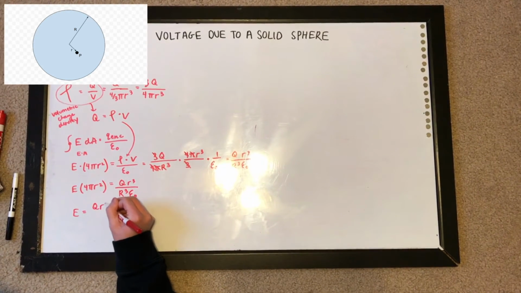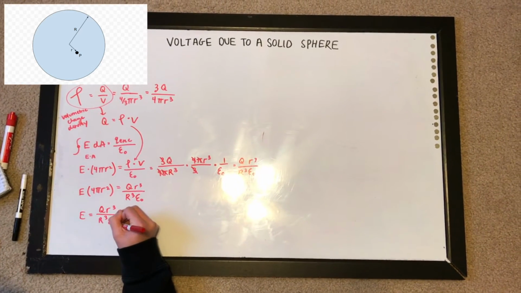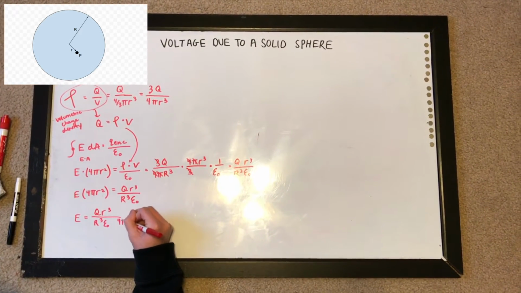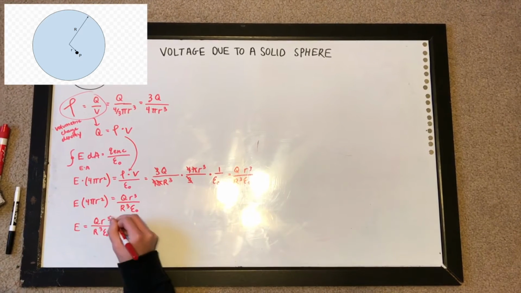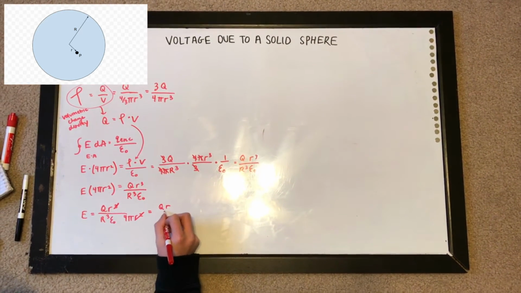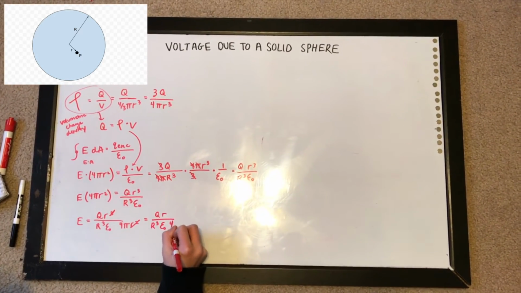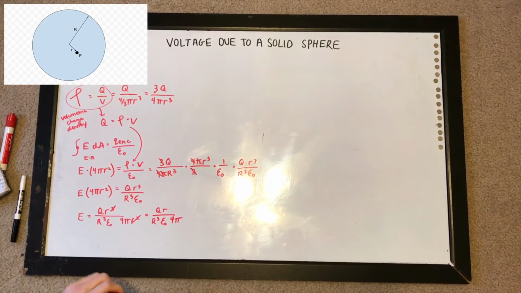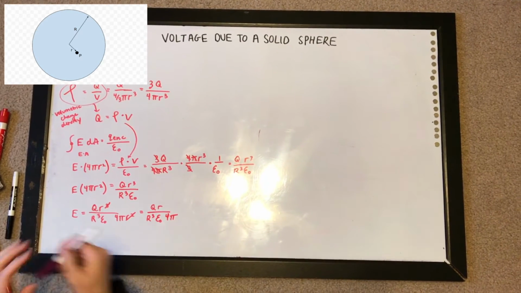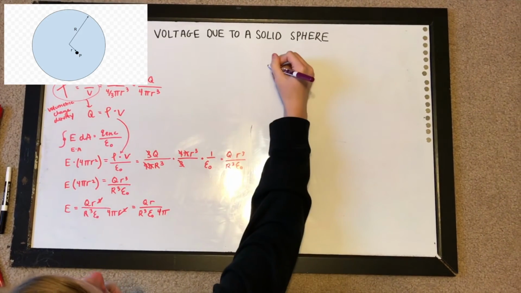Solving for E, we get Q little r cubed over big R cubed E naught times 4 pi r squared. Then the r's cancel, and we're left with Q little r over 4 pi big R cubed E naught. So now this is where we can start the derivation for the voltage, because we have everything we need that needs to be substituted in.